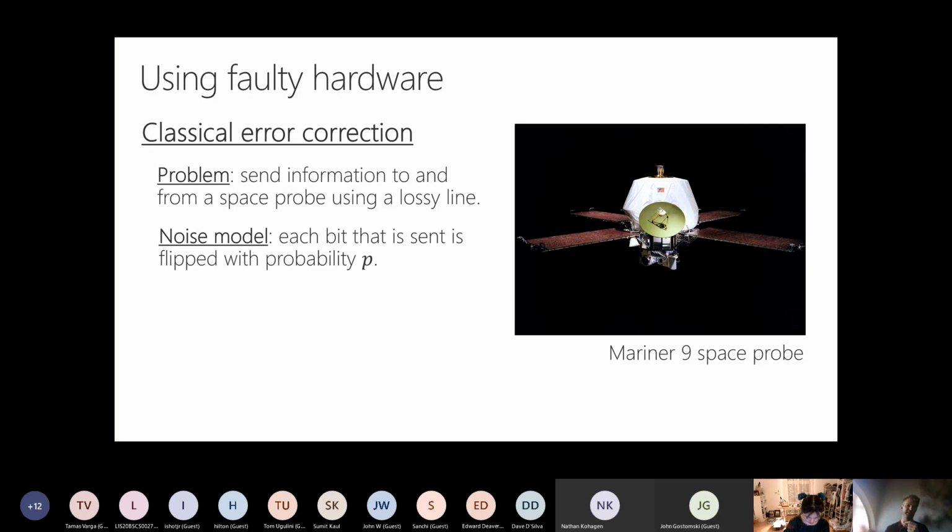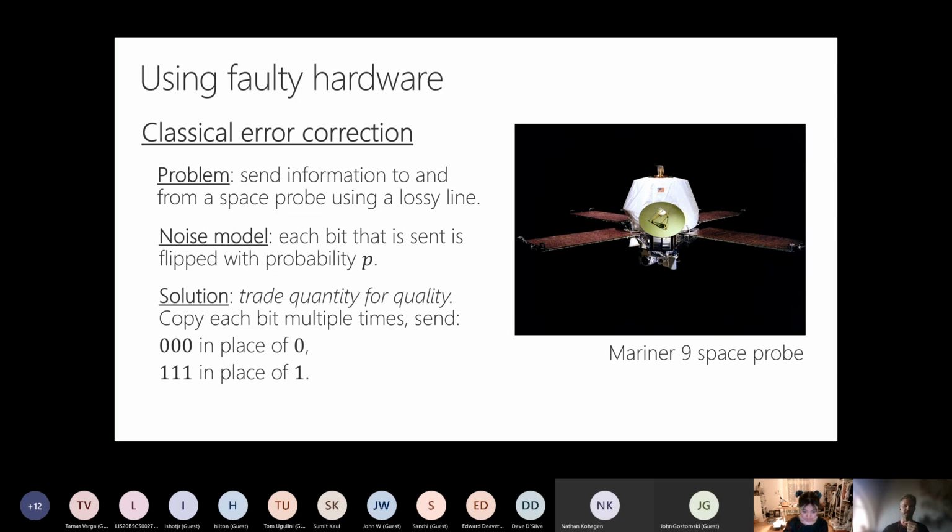So a simple model is that the probe sends you ones and zeros, which encode the information, and each of those bits that it sends could be flipped with some probability p. So what's the solution to this? Well, a simple solution that you probably already thought of is, instead of sending a single bit for each bit of information that the space probe wants to send back to Earth, send a repeated set of bits.